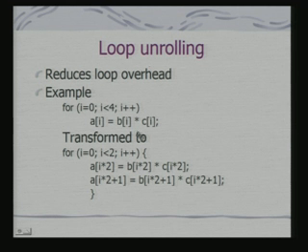So let's look at this possible solution. What has been done here? I have reduced the number of iterations. In the process, I have used these array indices in a different form, multiplied by 2, and this is 2 plus 1.